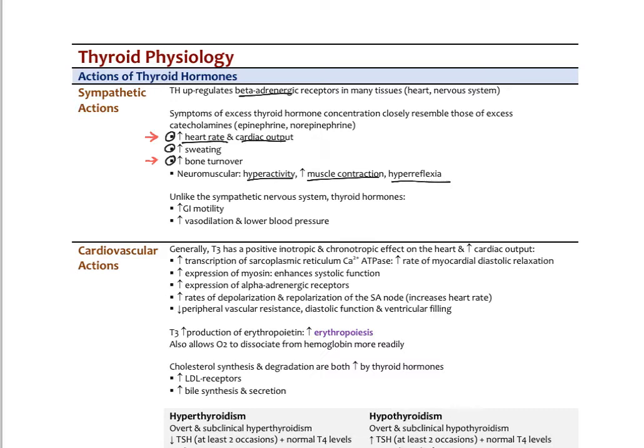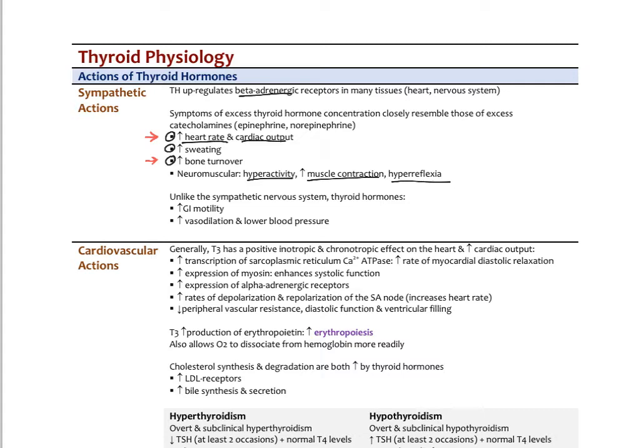We would see the effects on the heart and sweating, but also we might see that the reflexes are very jumpy. So looking at the patellar reflex, we of course grade that stage 1 through 4, and usually a normal reflex is a +2 reflex. Patients with hyperthyroidism will have very jumpy reflexes, +4 reflexes.